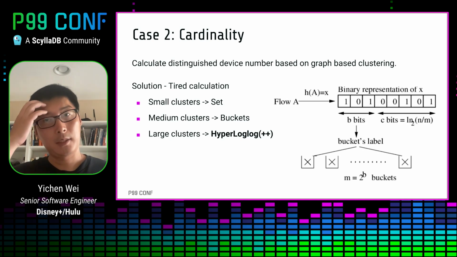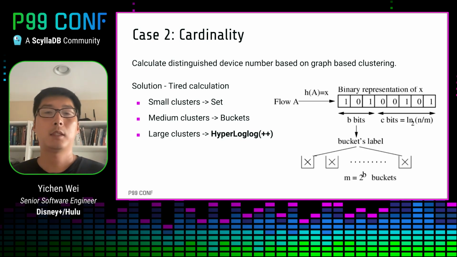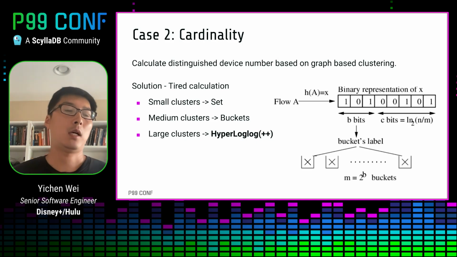But there are also challenges when we use HyperLogLog. The first one is that we need to hash each item to a uniform distribution, which is not easy, because there are many hash functions, and also our data has its own characteristics.